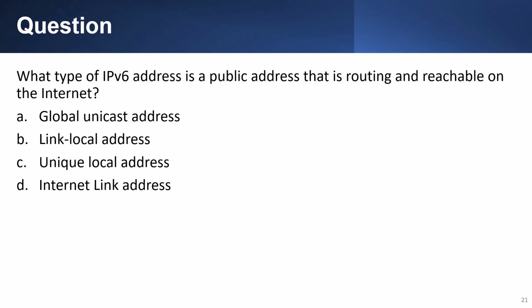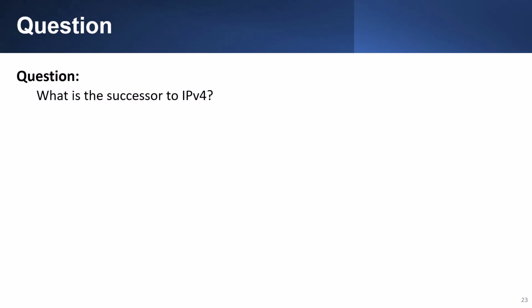Question: what type of IP version 6 address is a public address that is routable and reachable on the internet? Answer: global unicast address. Question: what is the successor to IP version 4?